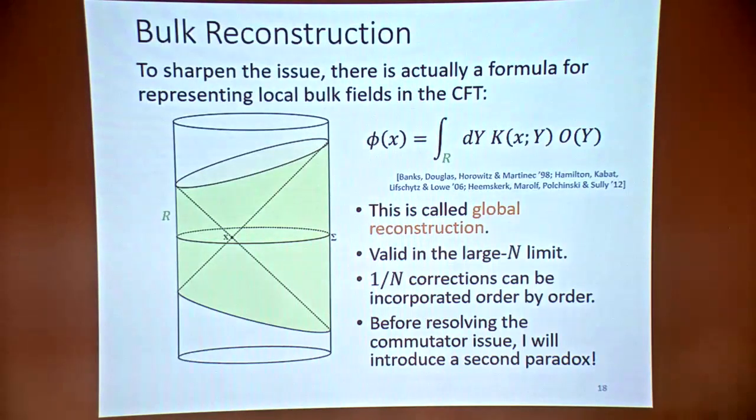Now, you might think that since I have a formula, I can just go ahead and compute the commutator and resolve the issue. Before doing that, let me introduce a second paradox, which is somewhat sharper, and that will actually lead to a resolution of both paradoxes.